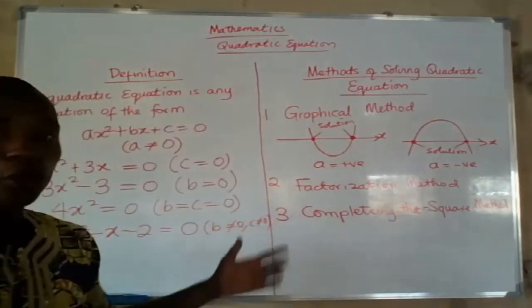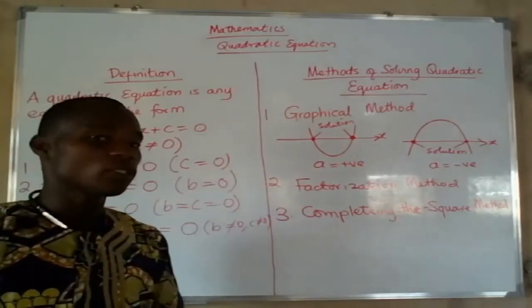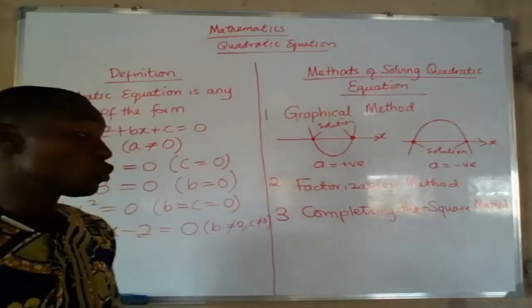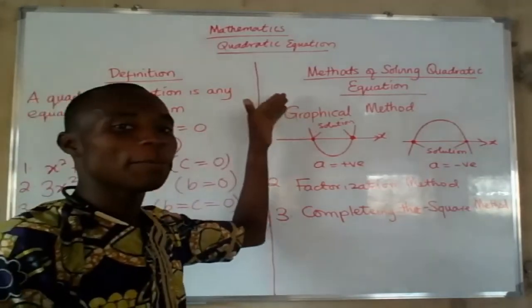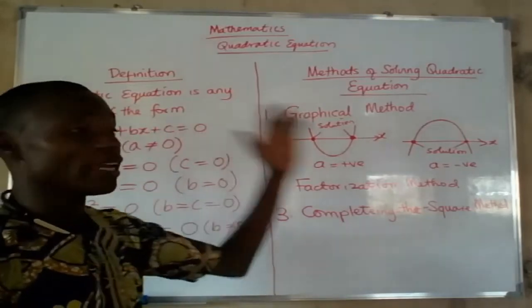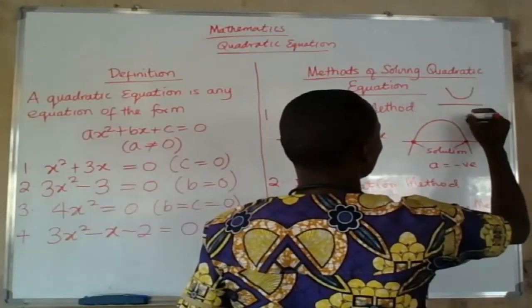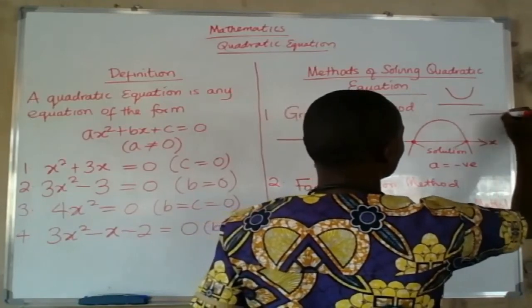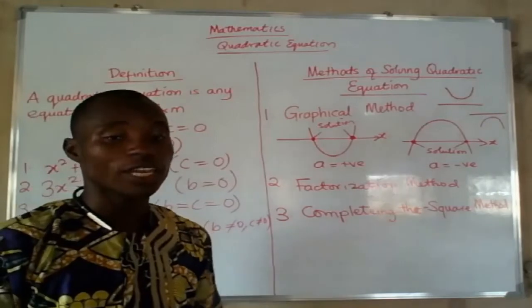It's an approach that always works, where the factorization and the graphical method probably have failed. The truth is that not all graphs, when you plot them, will pass through the x-axis. Some graphs don't touch the x-axis. They could either be above the x-axis or below the x-axis, but they don't cross or touch the x-axis.